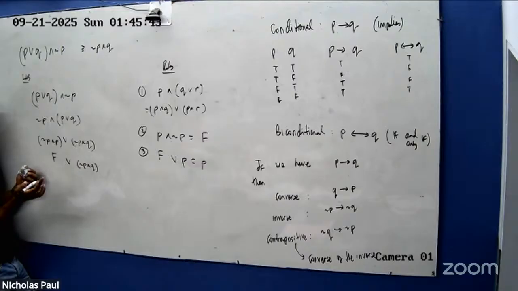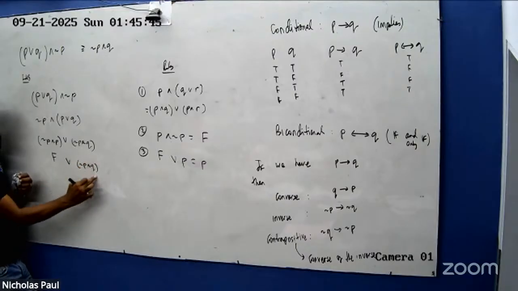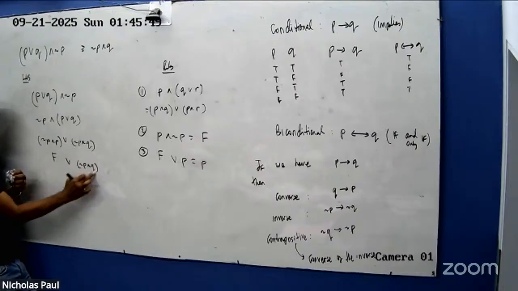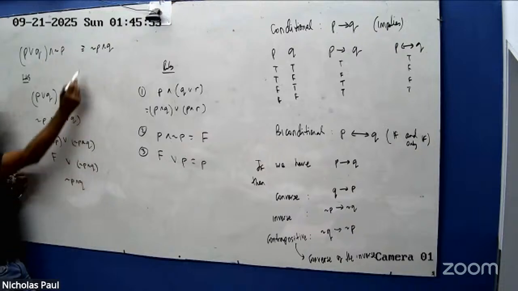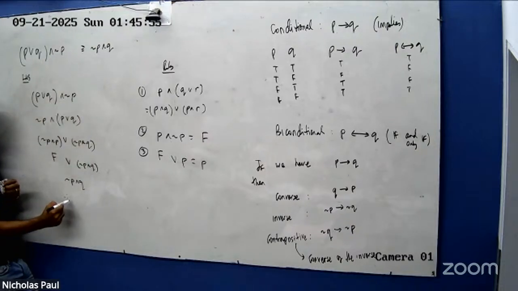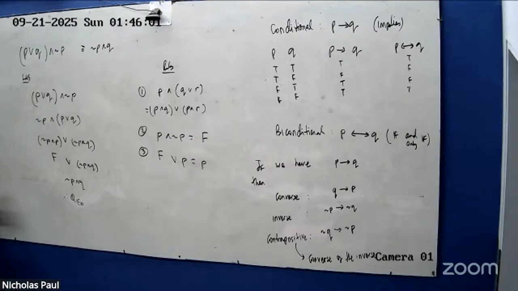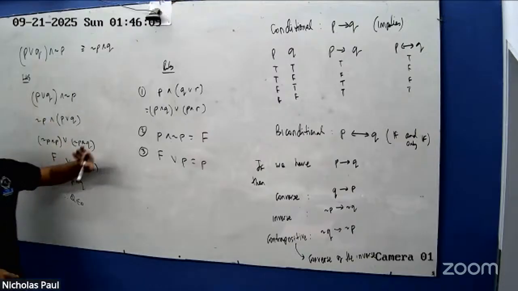What is false or P? We said it was P. So this whole thing here is like a P, and you'll end up with the negation of P and Q. Therefore, you can write your little QED there: left hand side equal to right hand side. Okay with that?